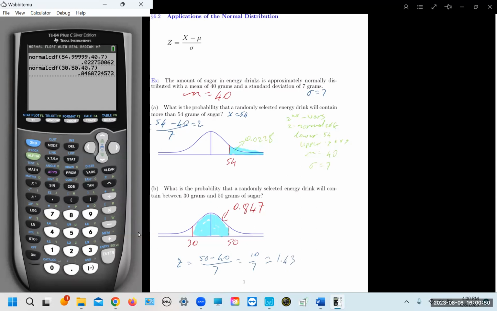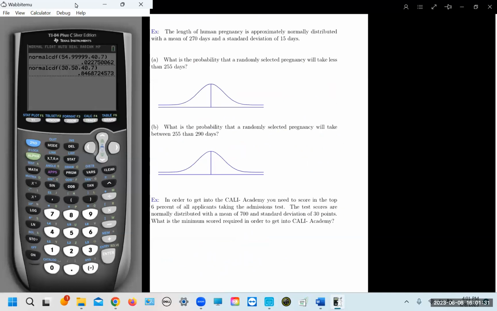And then we do another one, we have to do both ways. So z equal 30 minus 40 over 7. So this one is minus 1.43. We can subtract them together, or we can use a calculator. I think the calculator is more convenient for us, and it's easy to see.